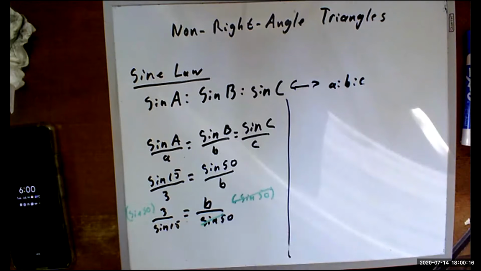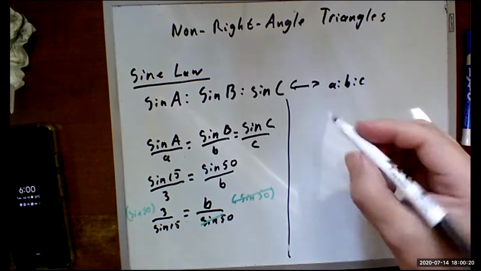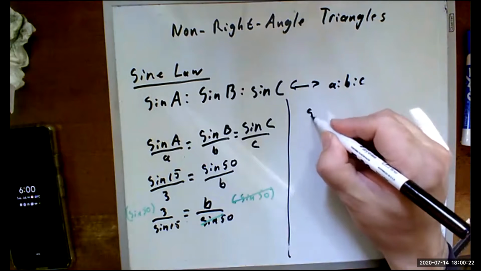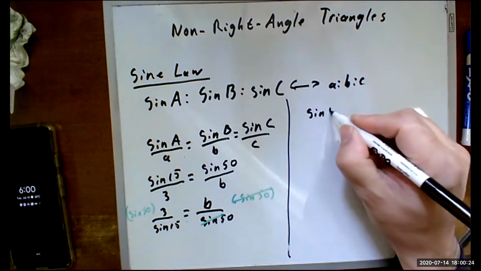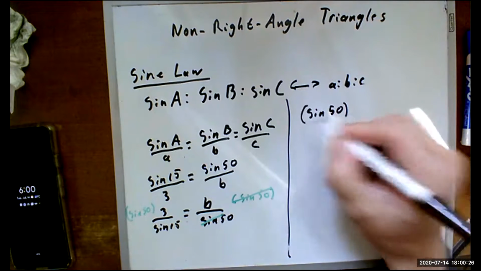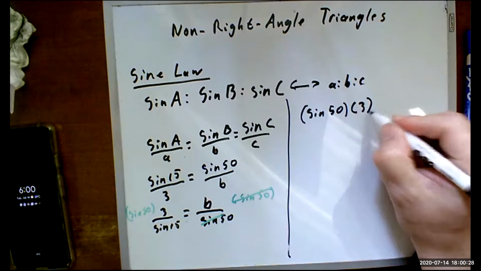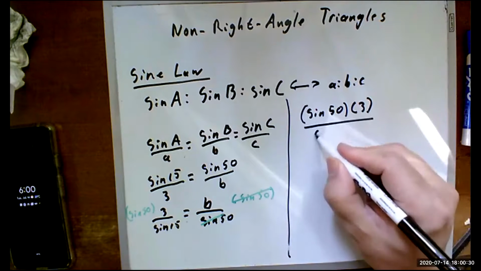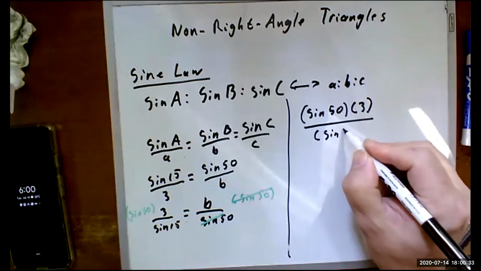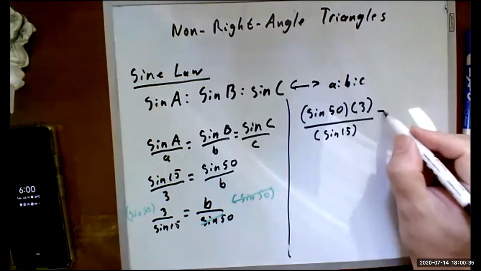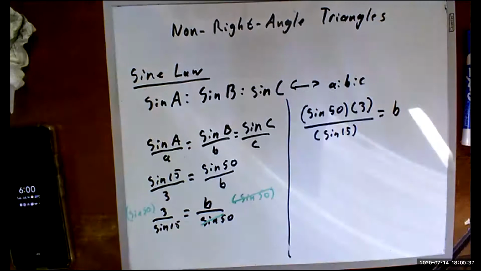And that makes that go away. So then what I am left with, I have the sine of 50 times 3 divided by the sine of 15, and whatever that turns out to be is going to be my letter B.